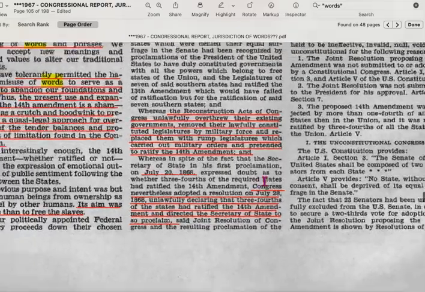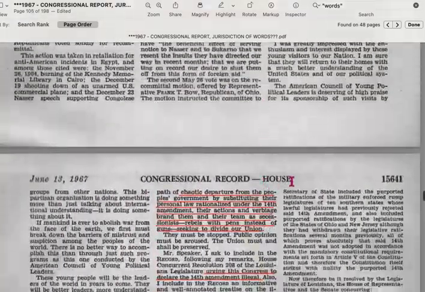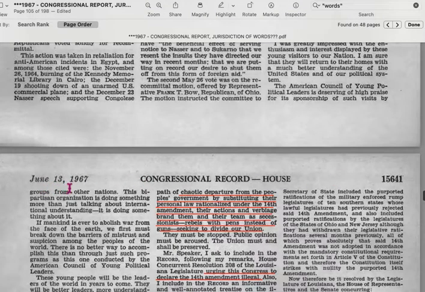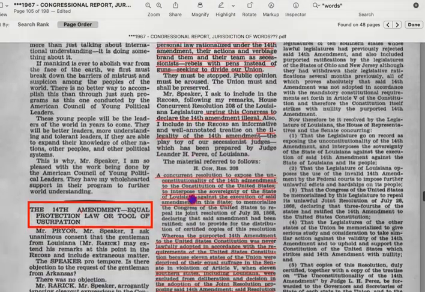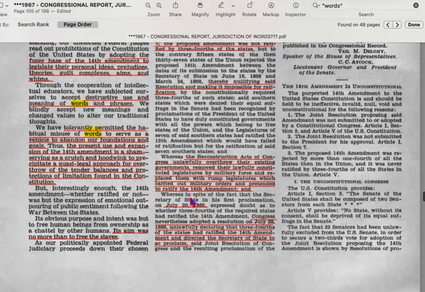So again, this is a congressional record from the House, June 13th, 1967, page 15641. There's some other really interesting stuff said in here. But the Constitution, since the Civil War, has been enacted outside of what the Constitution actually is.